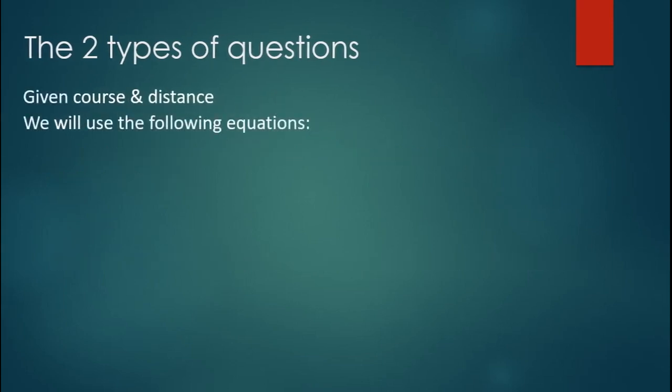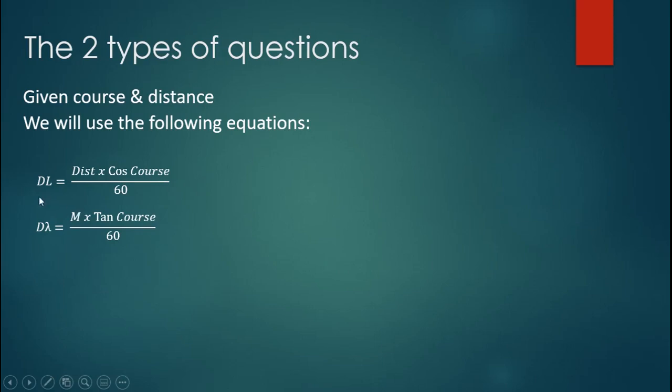Okay, if you're given a course and a distance, you're going to use the following equations to calculate lat 2 and lambda 2. And if you notice here, the equation for the difference in latitude is the exact same that you used for your mid-latitude sailing, where your difference in longitude is m times the tangent of the course divided by 60.